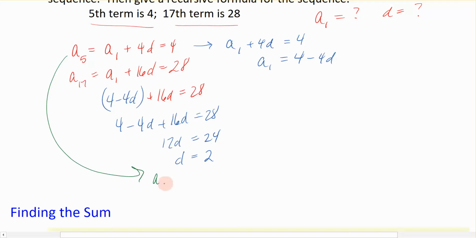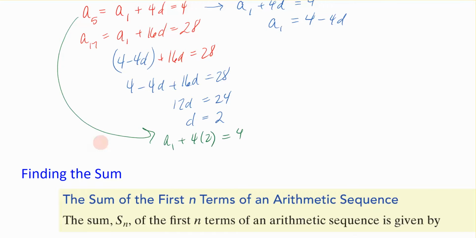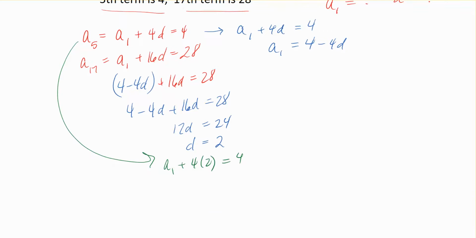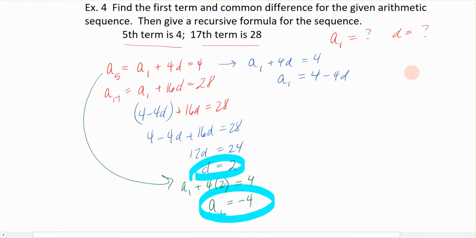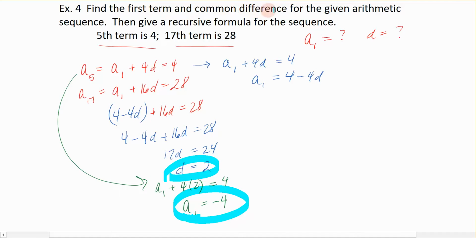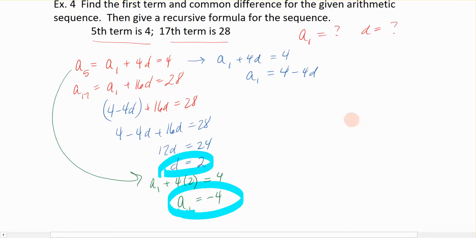I want to say a1 plus 4 times 2 equals 4, because that is the equation that I had up there. Let me give myself some more room here. So when I solve for a1, by subtracting 8 from the right hand side, I find out that a1 is equal to negative 4. So what did I find? I found out that d is 2, a1 is negative 4, which is what it asked me to do in the beginning: find the first term and the common difference of the arithmetic sequence.